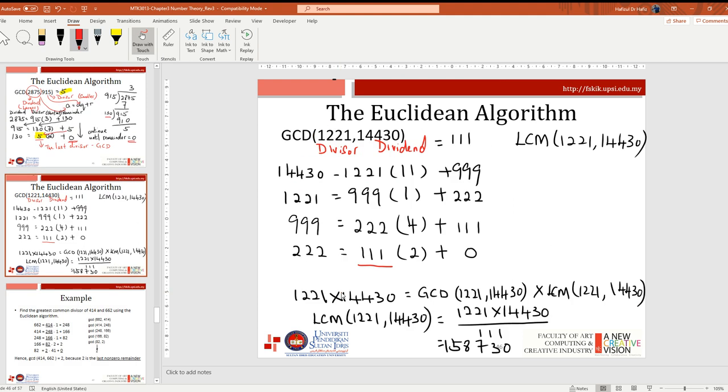Okay, this one is for 1,221 and 144,030 as the divisor and dividend.